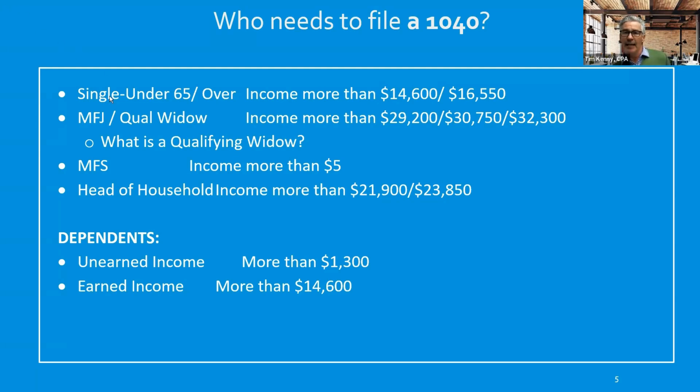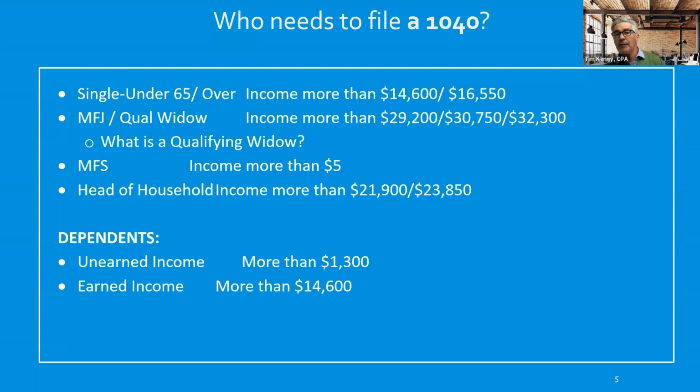So who needs to file? This slide is organized like the filing statuses: single, married filing joint, married filing separate, and head of household. Essentially how you read this is, in the case of a single filer, if income is less than $14,600, there's not a filing requirement.